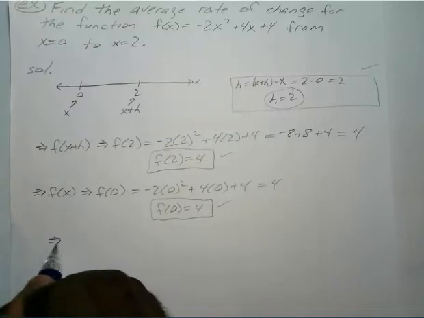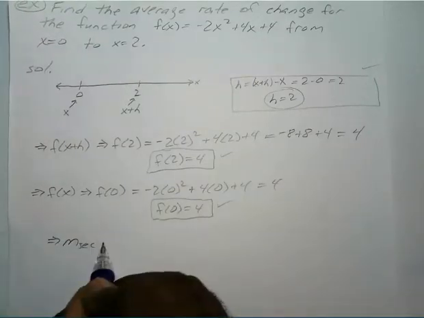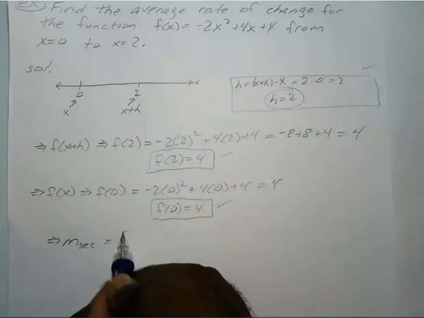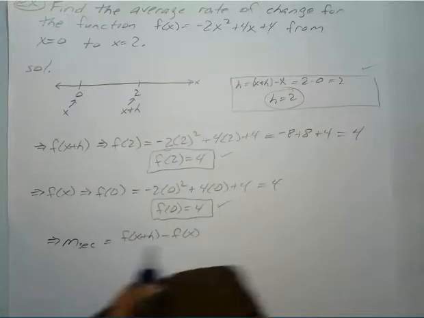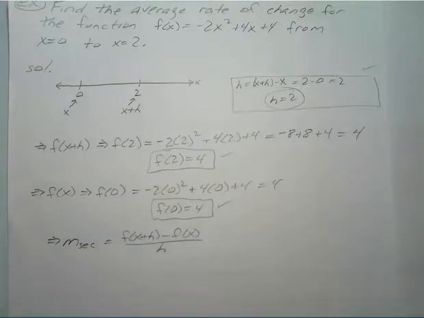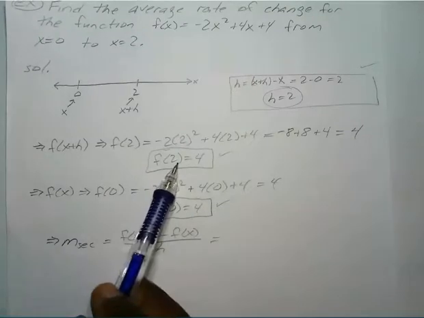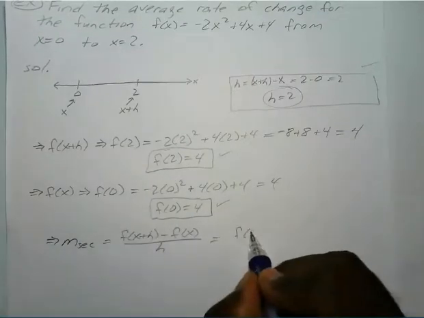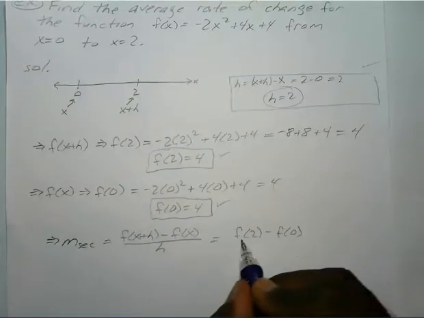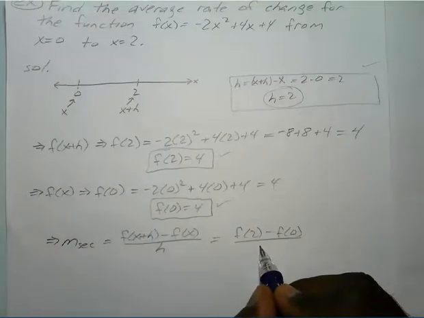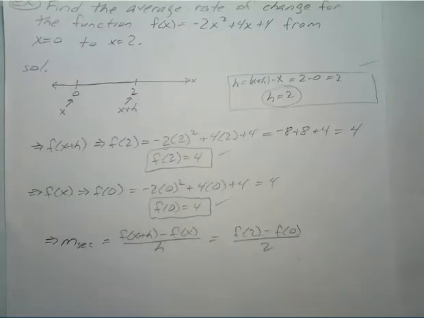Okay, so to find the average rate of change, once again, we use the formula for the slope of the secant line. So we have f of x plus h minus f of x all over h, which is f of x plus h, that's our f of 2, minus f of 0, all over, well, you can put 2 or you can put h, doesn't matter because your h is just equal to 2, all over 2.